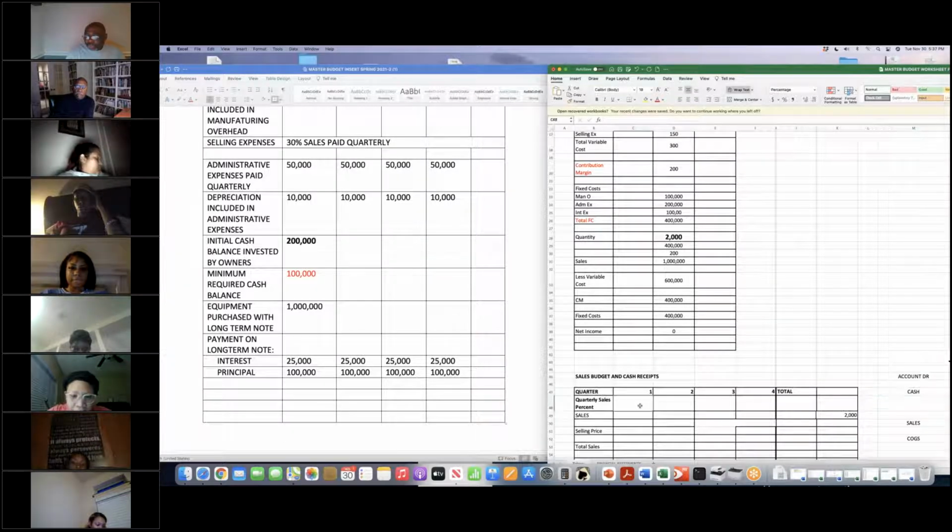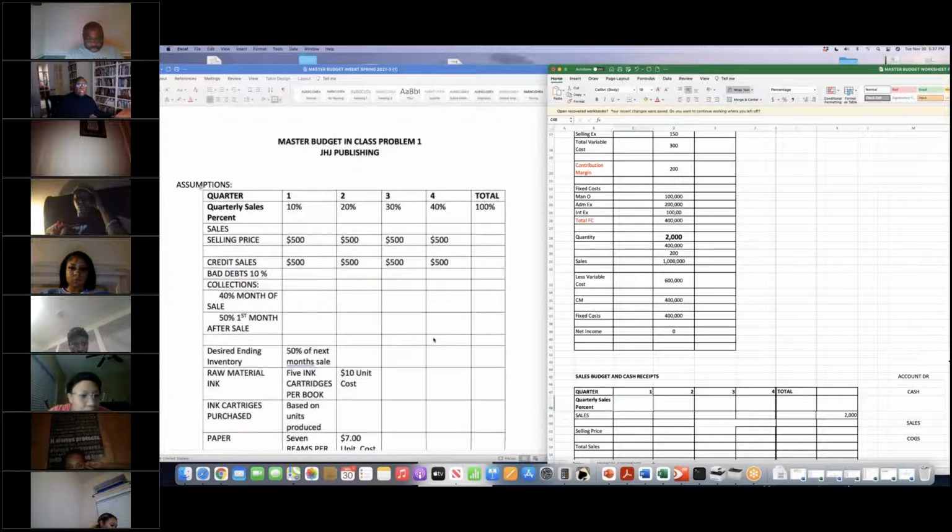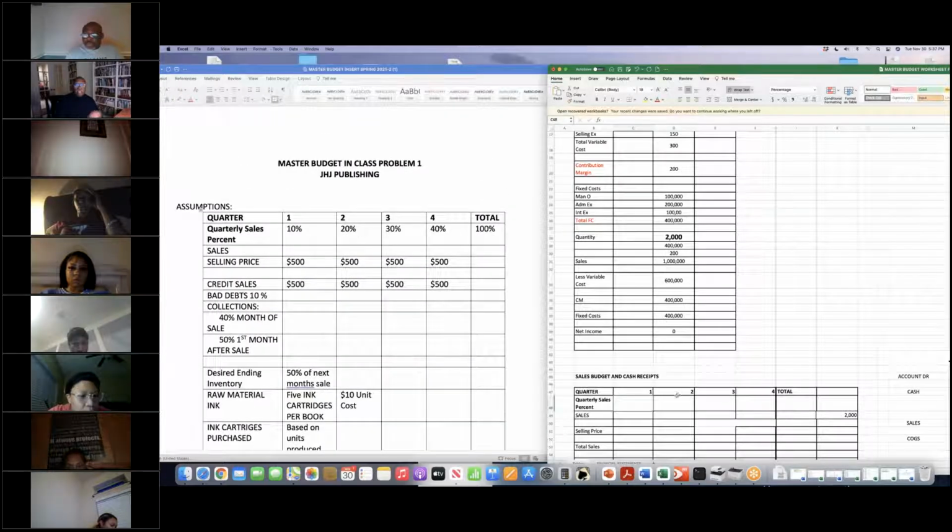Now in the first quarter, what percentage of the units do we sell? Based on the assumptions, 10. So we look at these up here. In the first quarter, we sell 10%. How much do we sell in the second quarter? 20%.